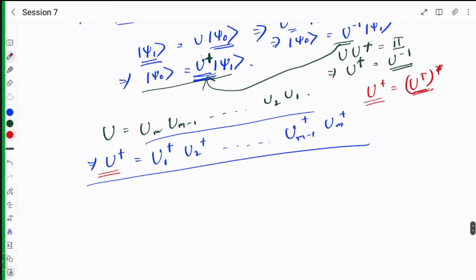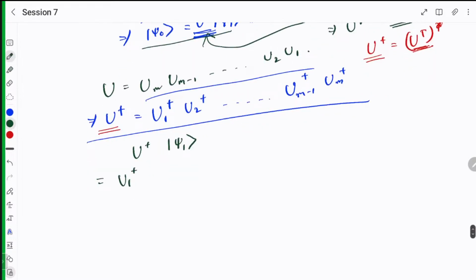Now if you apply U dagger on some psi1, then what is happening? You have U1 dagger, U2 dagger, UM minus 1 dagger, UM dagger acting on psi1. What is the first operator which is acting on psi1? The first operator is UM dagger.